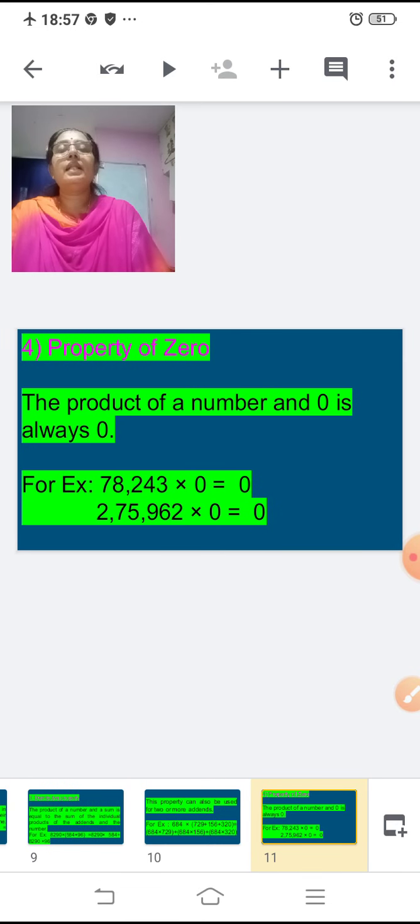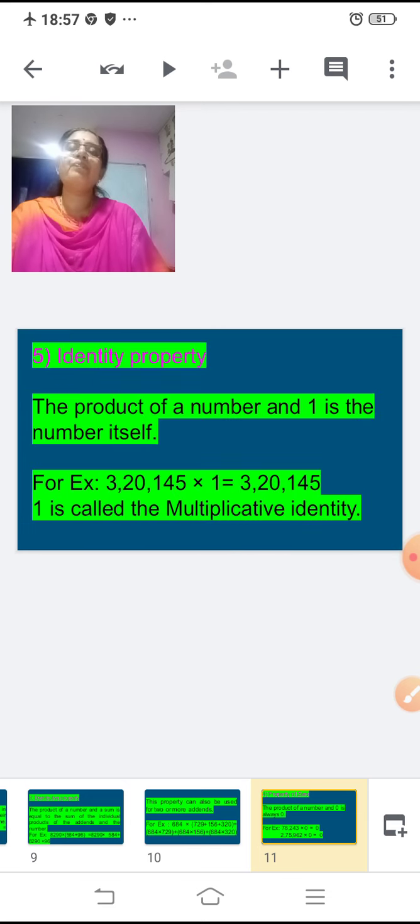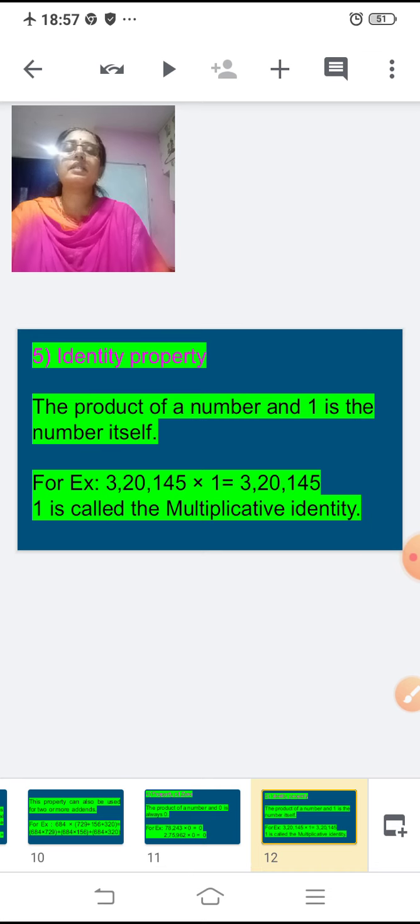The fourth property, property of 0, tells us that the product of a number and 0 is always 0. Identity property tells us that any number multiplied by 1 remains the same, that is the number itself.